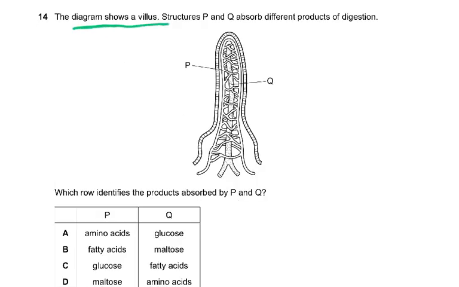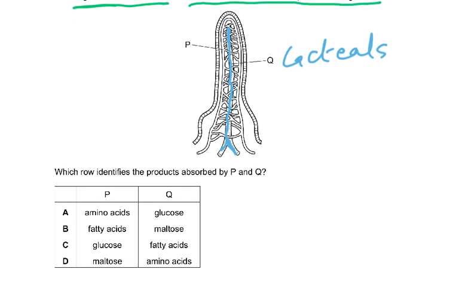The diagram shows the villus structures P and Q absorb different products of digestion. What you have to understand is, sorry, Q is this part, and this is the lacteal. In the lacteal, all the fats and lipids go. So Q has to be fatty acids. The other is the capillary network, in which glucose, amino acids, vitamins, and minerals all enter.